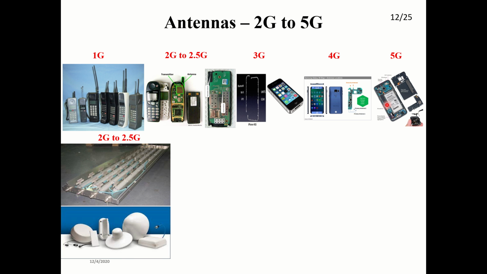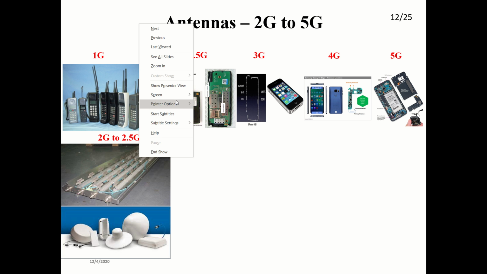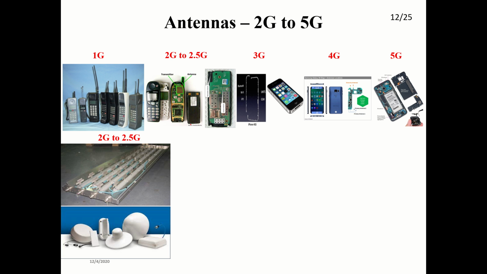That was the mobile point of view. This is the base station antennas point of view. You can see that in 2G time, they used to have dipoles like this. All were dipoles, because it is a very low frequency, like 800, 900 megahertz, when compared to 4G and 5G at 3.5 gigahertz and other things.